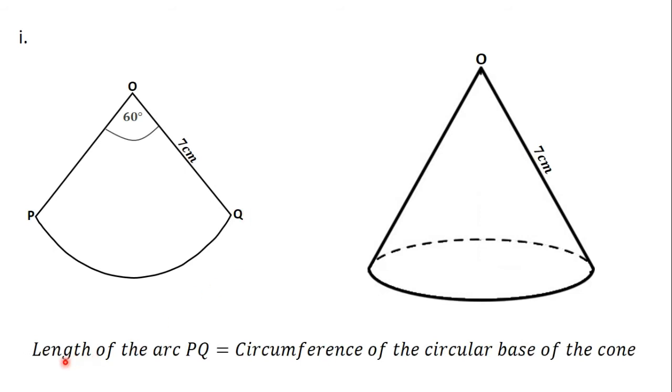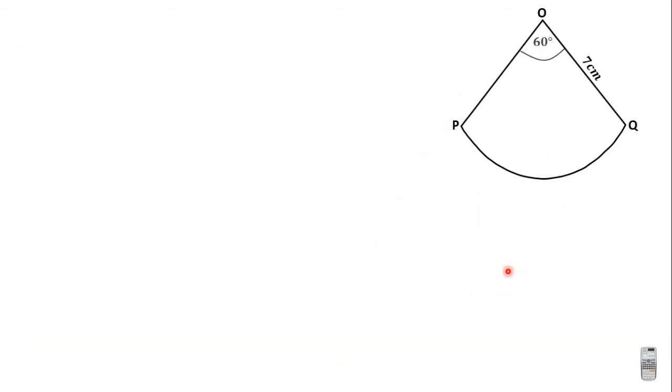Now, we can say that the length of the arc PQ is equal to the circumference of the circular base of the cone. We are going to use this to find the radius of the circular base of the cone.